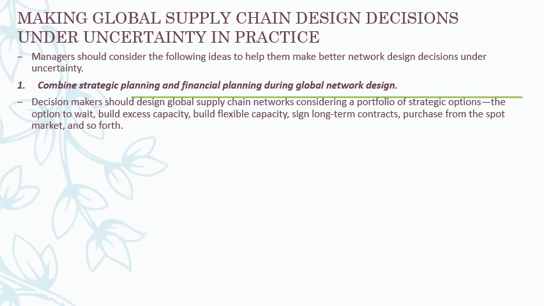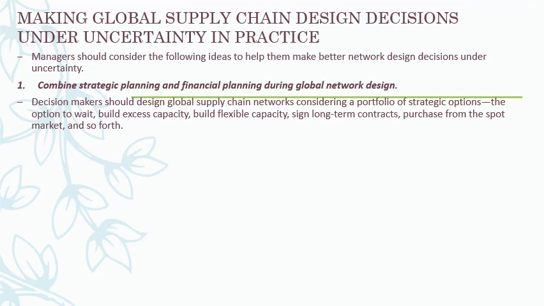Whenever you are considering a strategic option, don't restrict it to only local requirement. You should have an option to build excess capacity, or at least be flexible to build excess capacity, and try to sign long-term contracts, or go with purchase from the spot market instead of purchasing from a very long distance, which may delay the consignments.